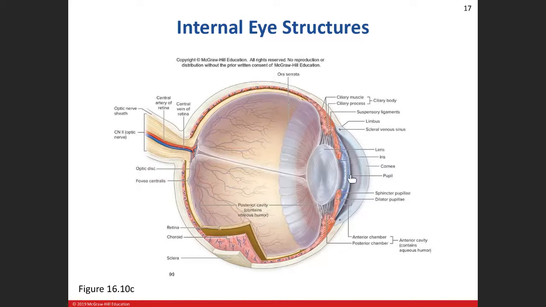And then the other side of the iris, in this space here where you see the suspensory ligaments, pretty much from the iris back to this portion of the lens, that's the posterior chamber. This is where we're going to see the aqueous humor being produced.